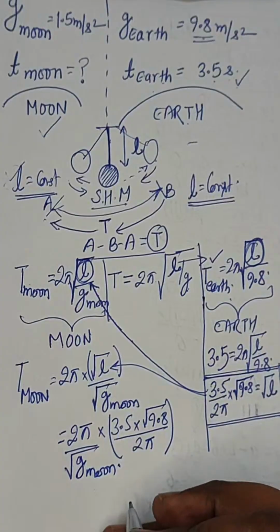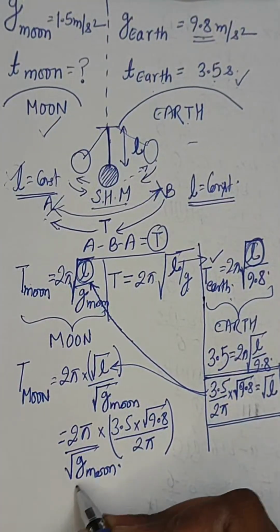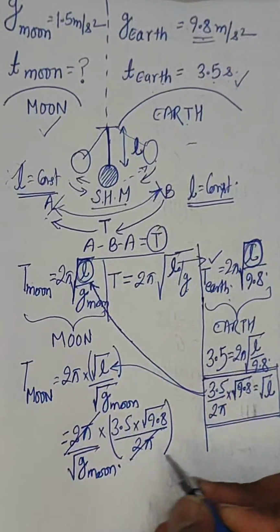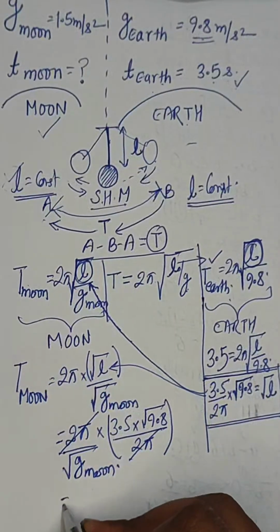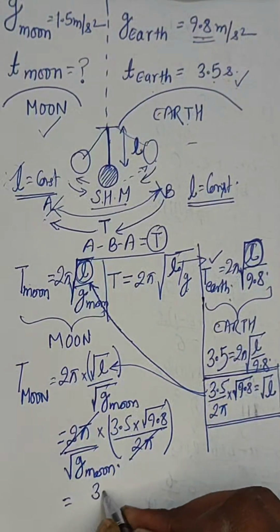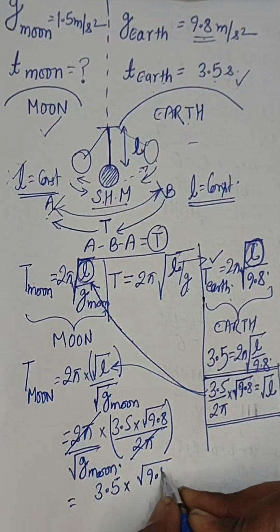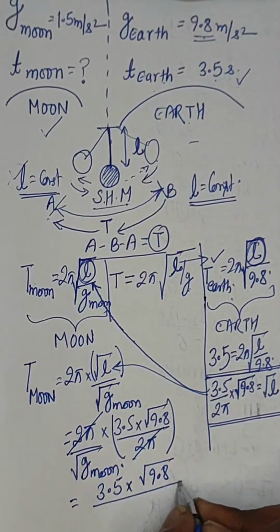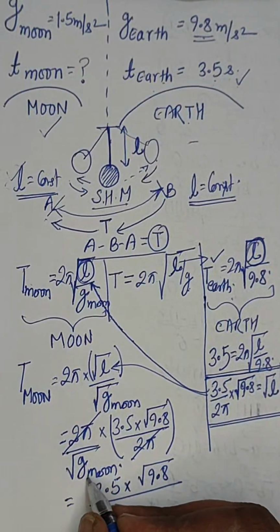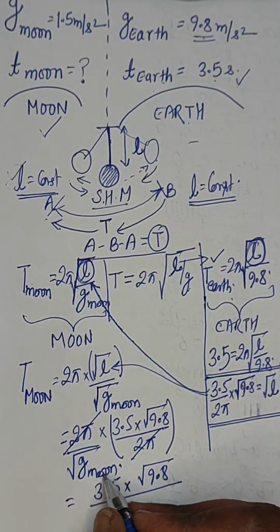Now the 2 pi and 2 pi cancel, and it will be 3.5 into root over 9.8 divided by root of acceleration due to gravity of moon.